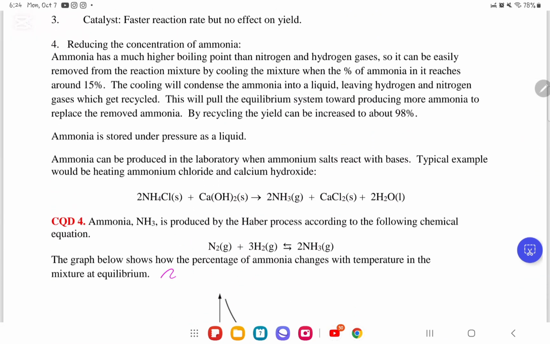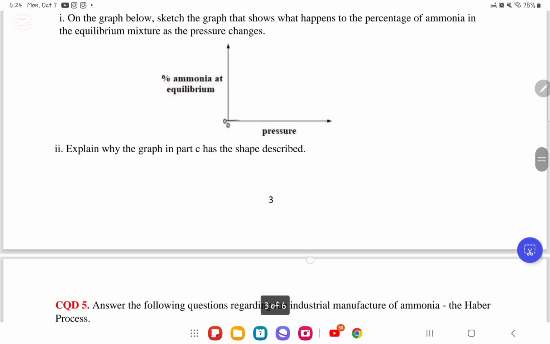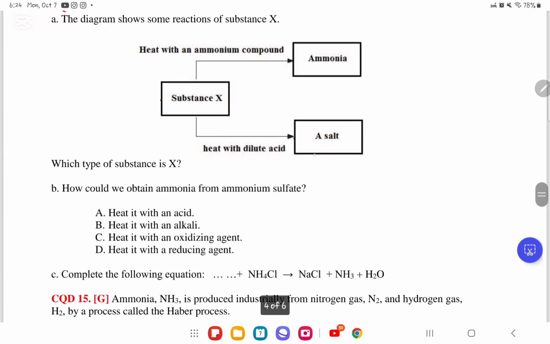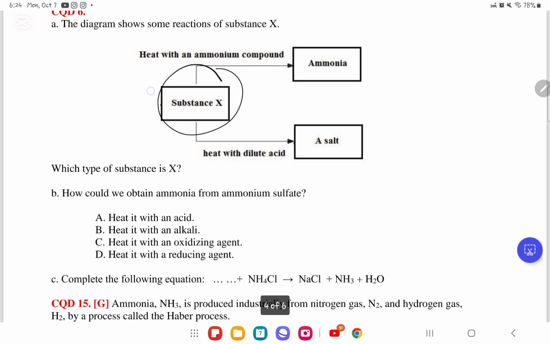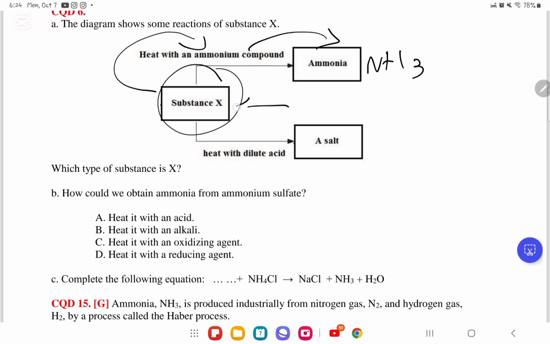So when ammonium salts react with bases, what happens? We get NH3. So if we go down, let's re-understand what they're asking us. They're telling us substance X reacts with an ammonium compound, which is an ammonium salt. We will produce ammonia, which is NH3. So substance X is definitely a base.